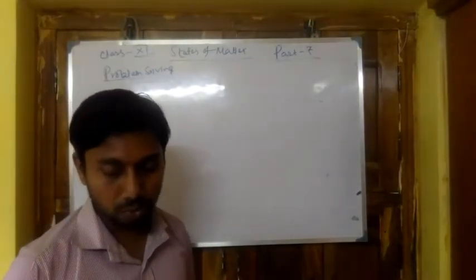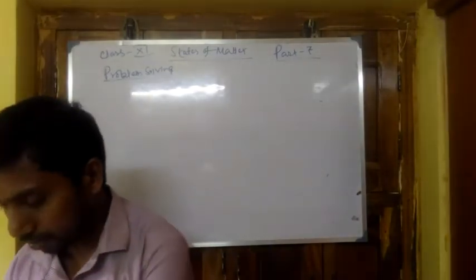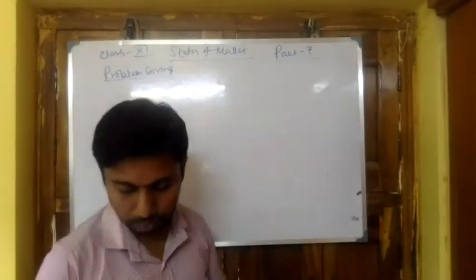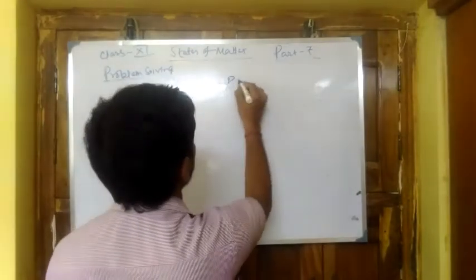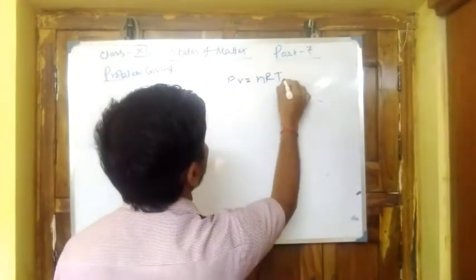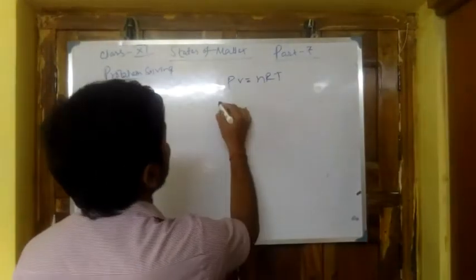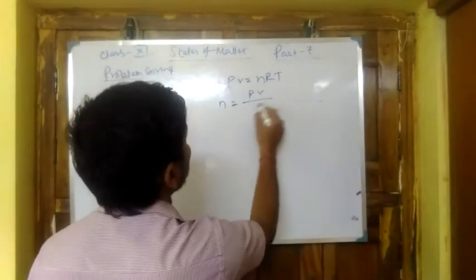So here again we will use the ideal gas equation, that is PV equal to nRT. We have to calculate the n. Now n equal to PV by RT.